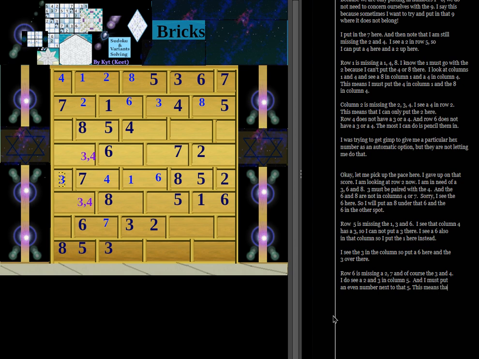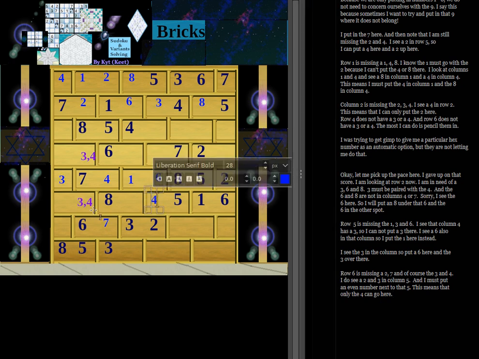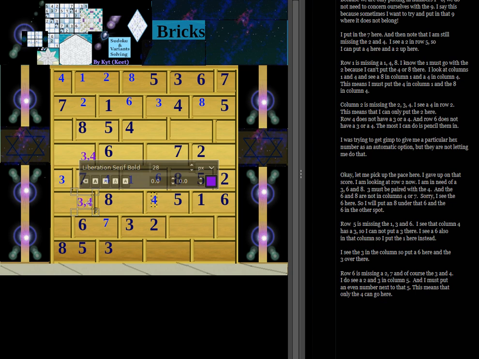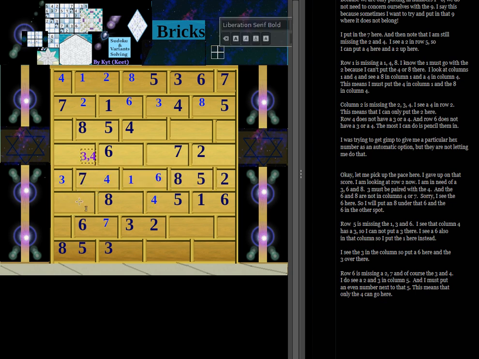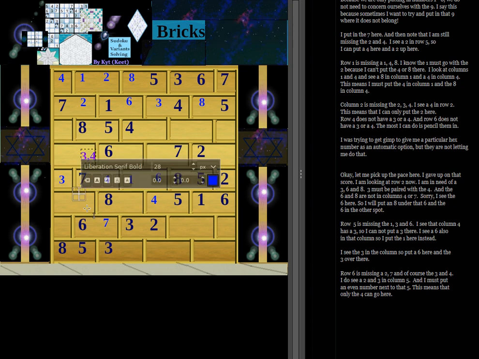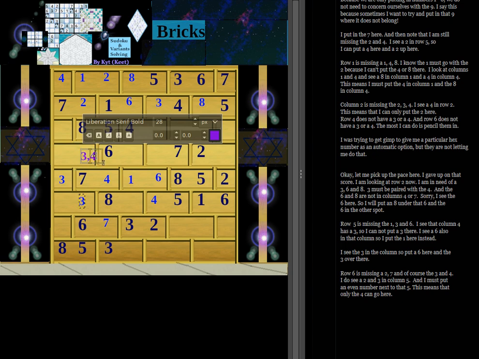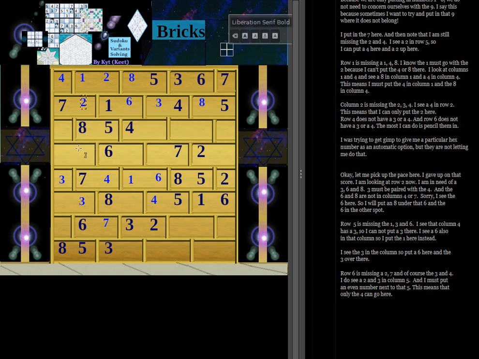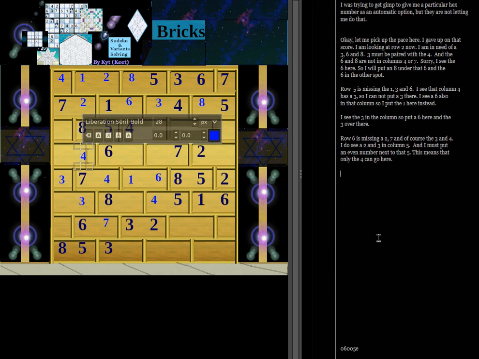This means that only the 4 can go here. This also means that we can change our pencil marks and fill in the 3 and the 4.